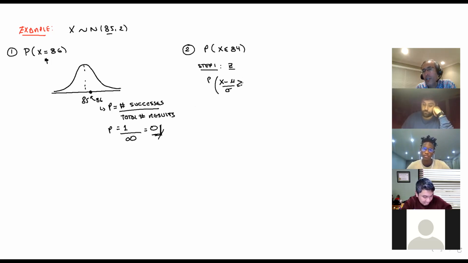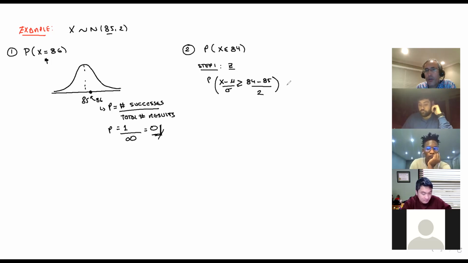Agree? So what I do on the right-hand side, I do on the left-hand side. So this is going to be 84. What is mu according to my data? 85, divided by my standard deviation, 2. Agree?